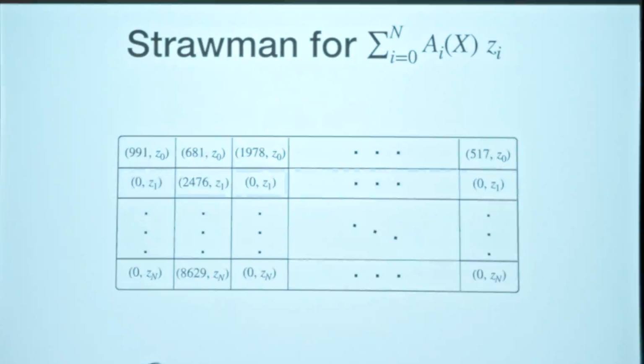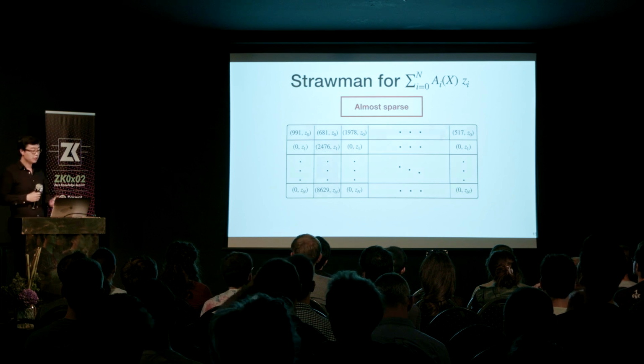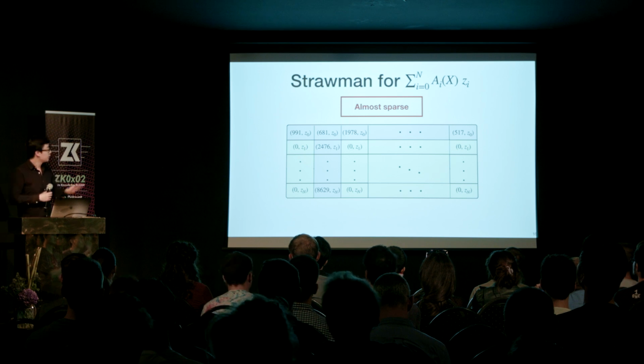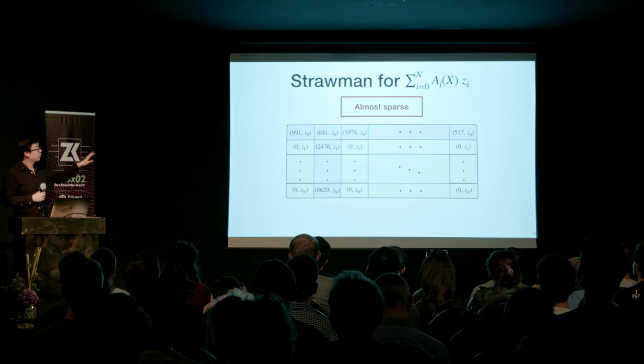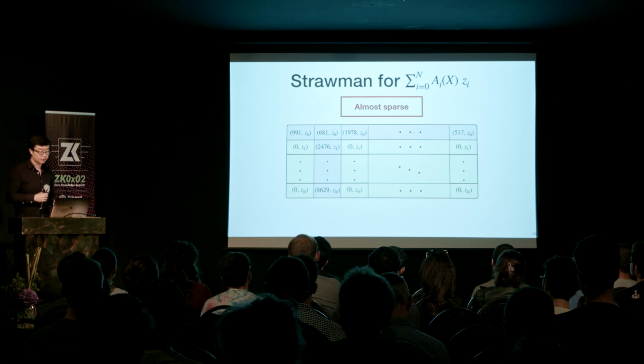So here's an example of the data that would be stored in this case. And because of the nature of our circuit representation, our matrix is what we call almost sparse. And this means that most rows and columns are sparse. However, there will always be a handful that are dense. So in this case, think of the red entries as your dense entries and the green ones as your sparse entries.